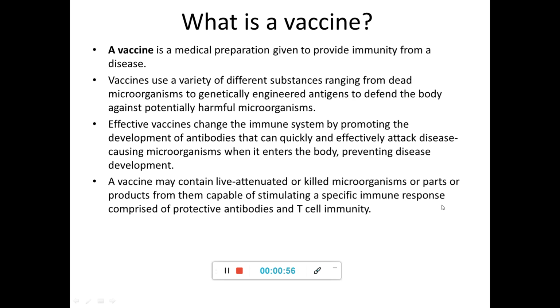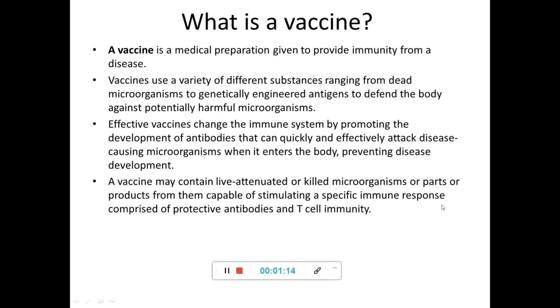Now the vaccines can contain live attenuated or even killed microbes, or parts or products of the microbes, in such a way that they are capable of stimulating a specific immune response comprised of protective antibodies and T cell immunity.